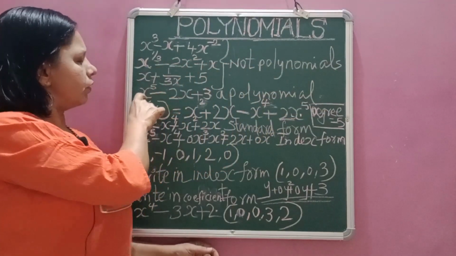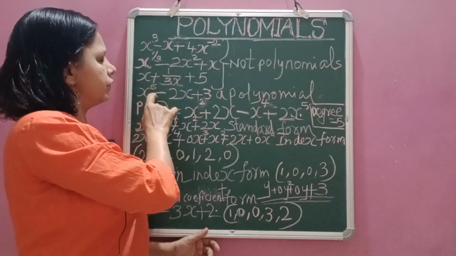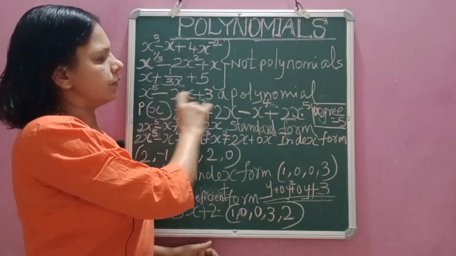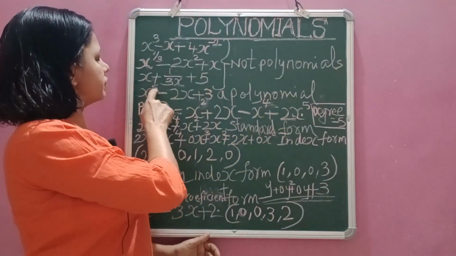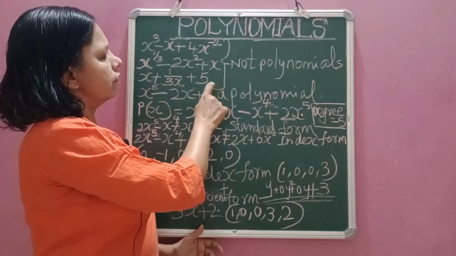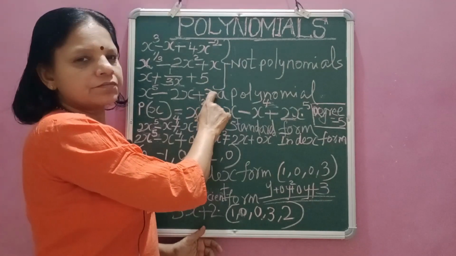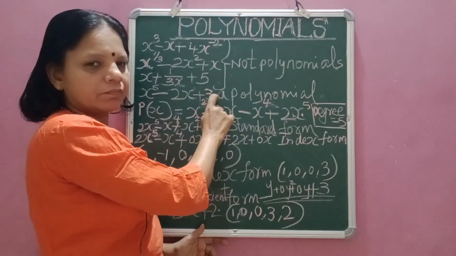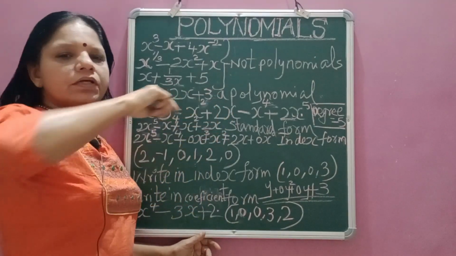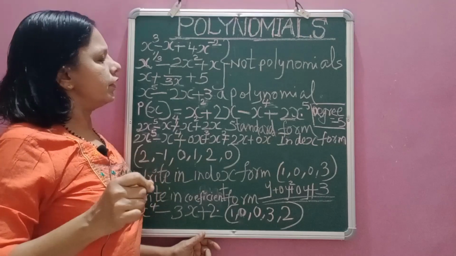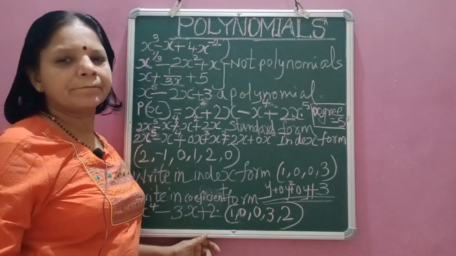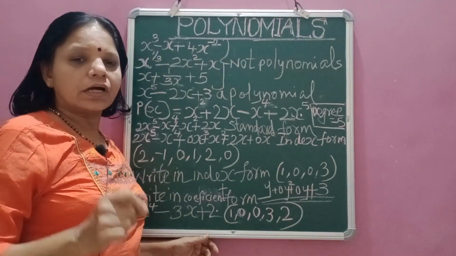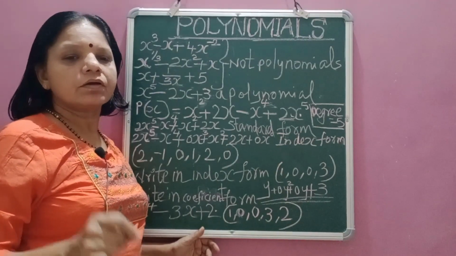The example for polynomial, see, x raised to 5 minus 2x plus 3. It is a polynomial because the indices are 5, 1 and 0, since 3 means 3 times x raised to 0. When only the constant is there, you can write it with the variable as x raised to 0. So these indices 5, 1 and 0 are whole numbers. So that is the only condition for the algebraic expression to be a polynomial.